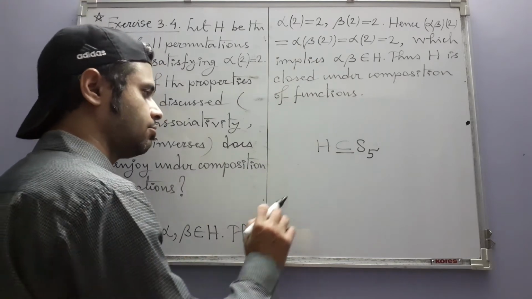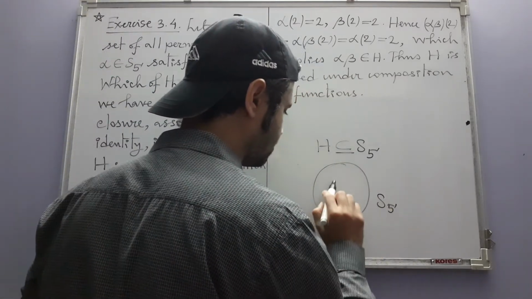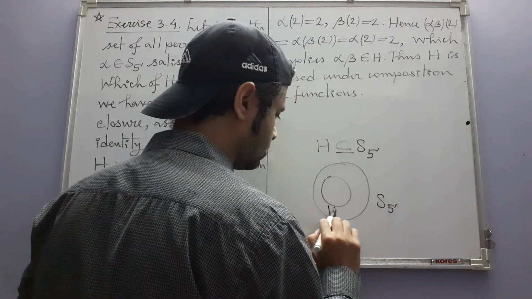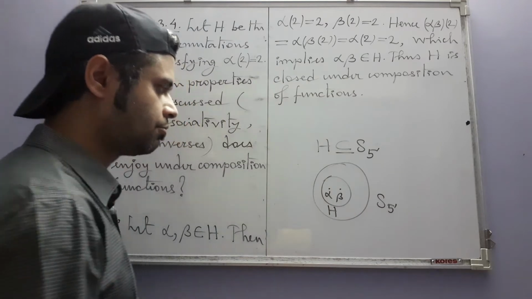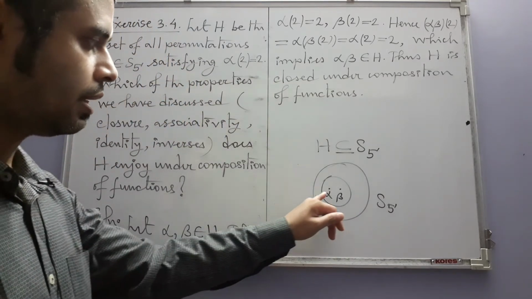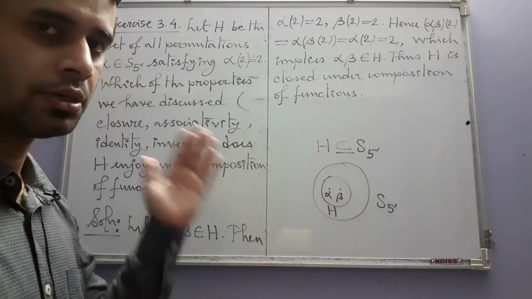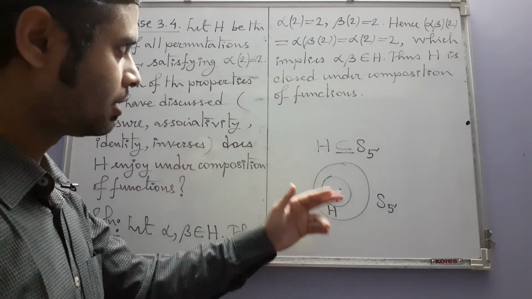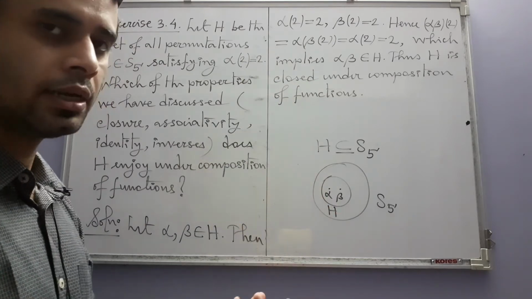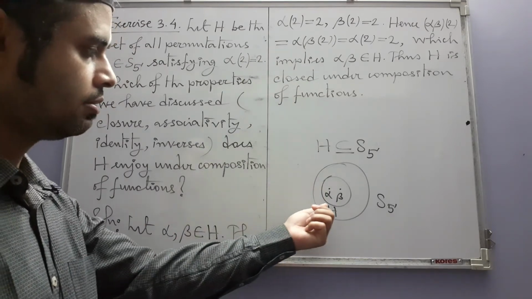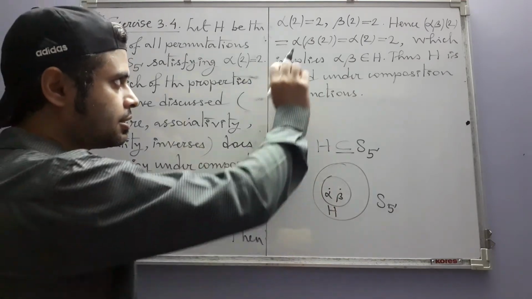It is saying that, well, okay, this is your S5 and this is your H. Alpha and beta have been chosen from H. So being elements in S5, their composition is already in S5, that we know from previous theorems. But now we have shown that alpha beta is not only in S5, more precisely it is in H. So this is extra.